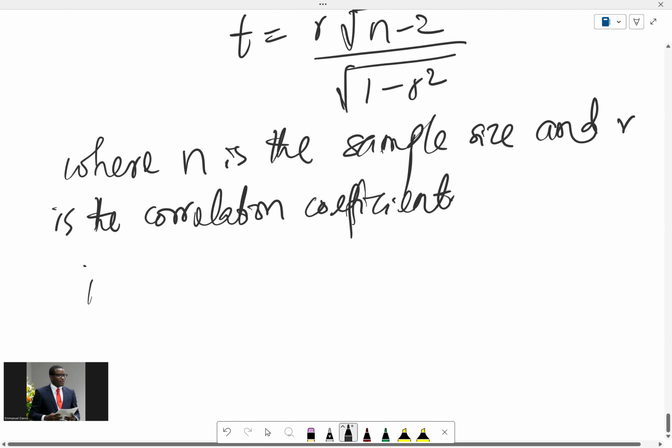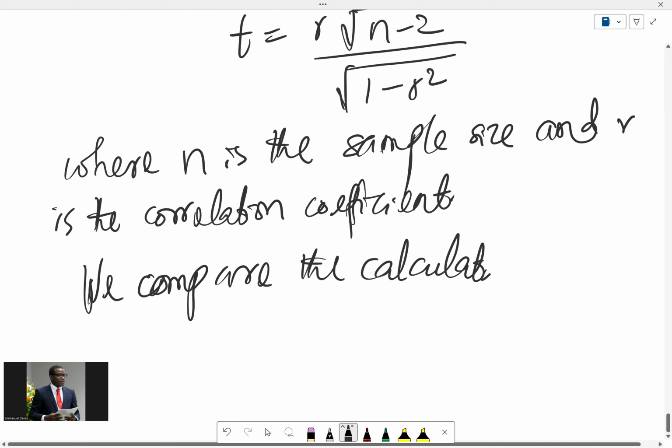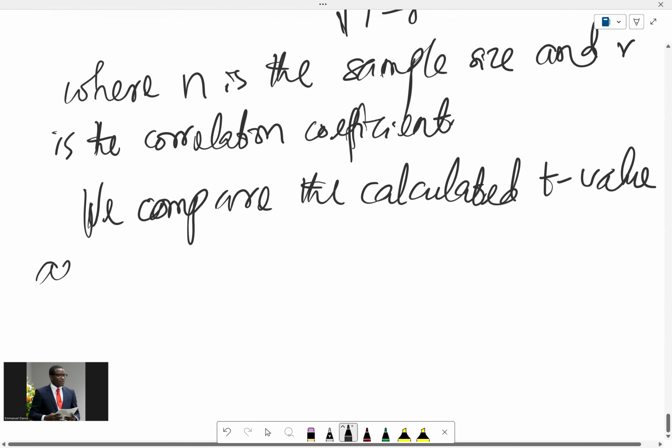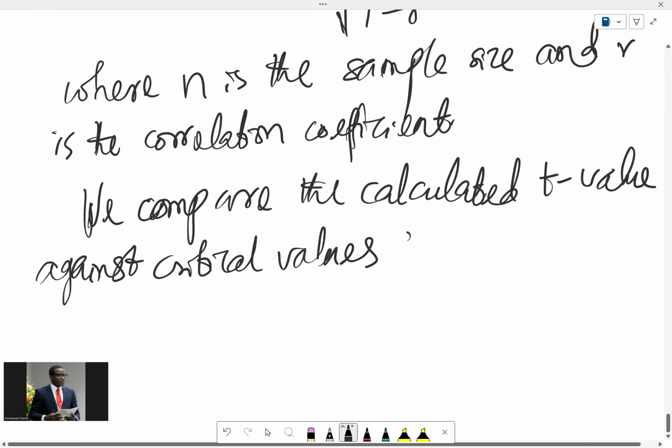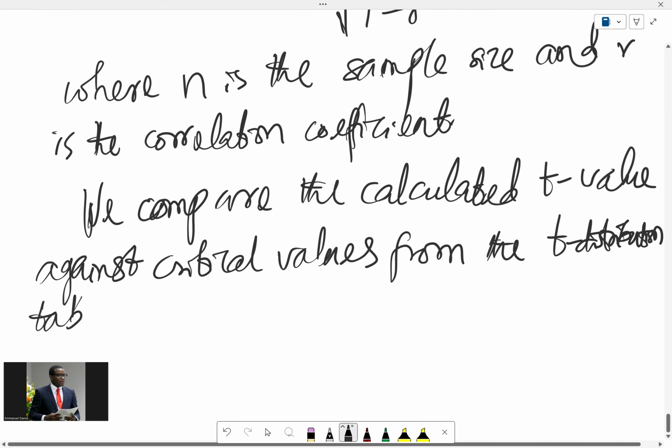And then we compare the calculated t value against critical values from the t distribution table to determine significance.